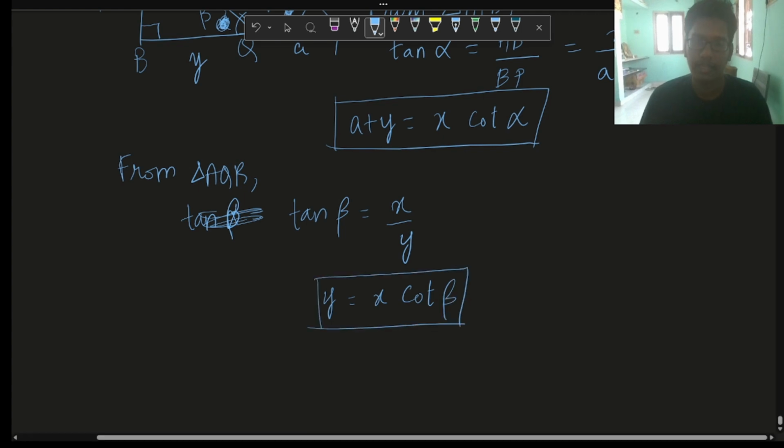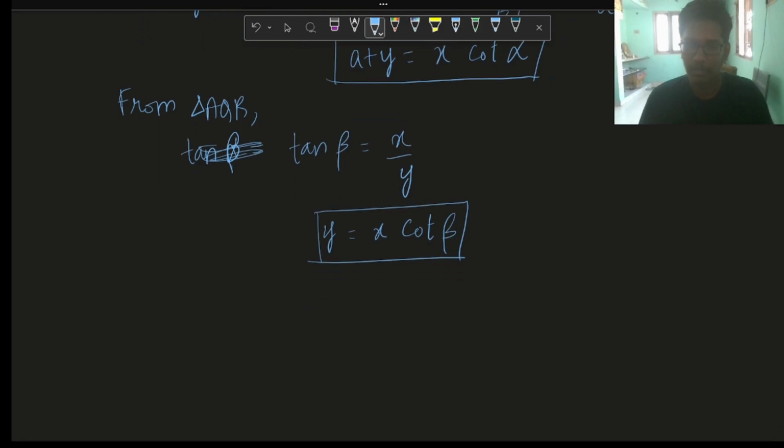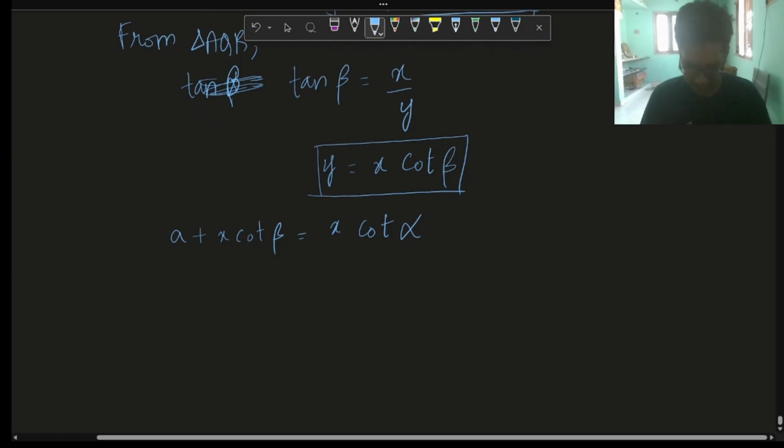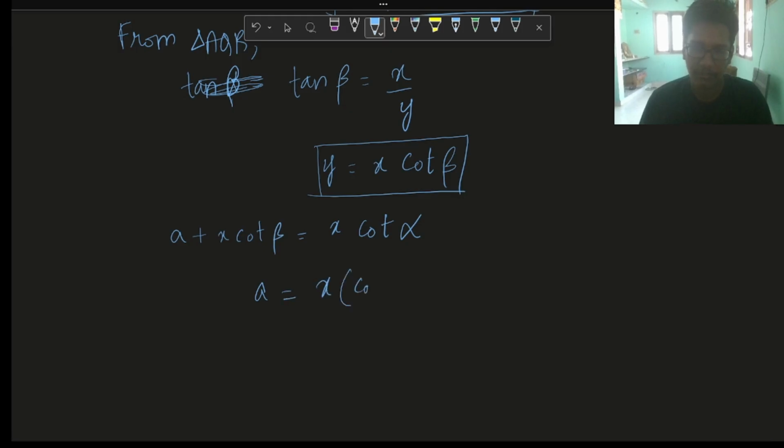So substituting that, a plus X cot beta equals X cot alpha. Now we end up getting a as X of cot alpha minus cot beta.